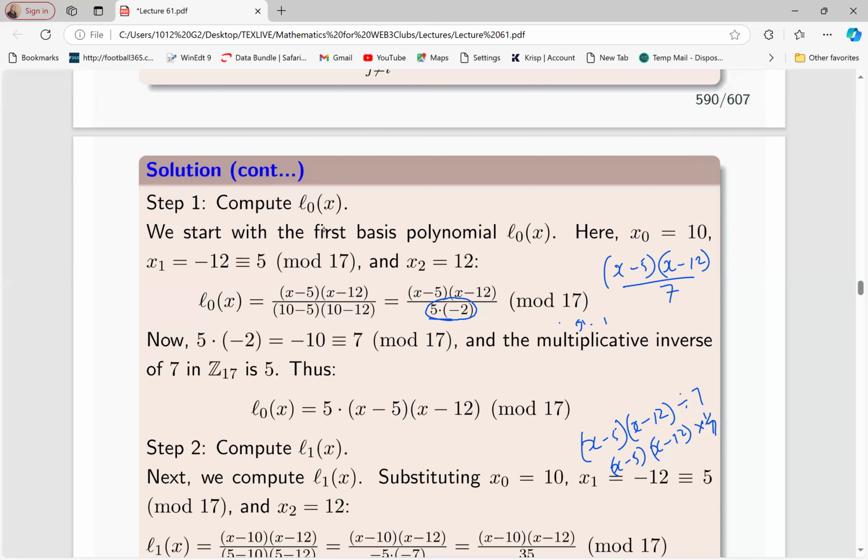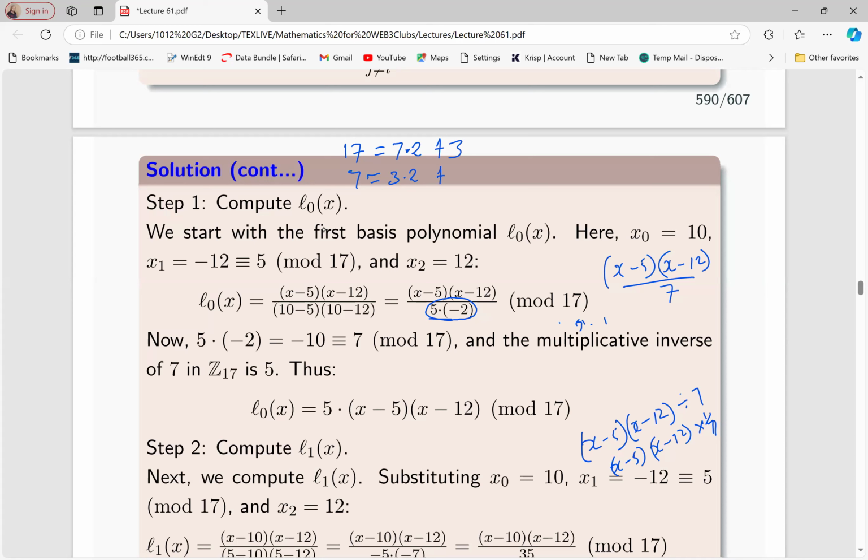Using the Euclidean algorithm, we ask ourselves how many times does 7 go into 17? Twice, because of 14, and the remainder will be 3. Then we ask ourselves how many times does 3 go into 7? 3 goes into 7 twice.